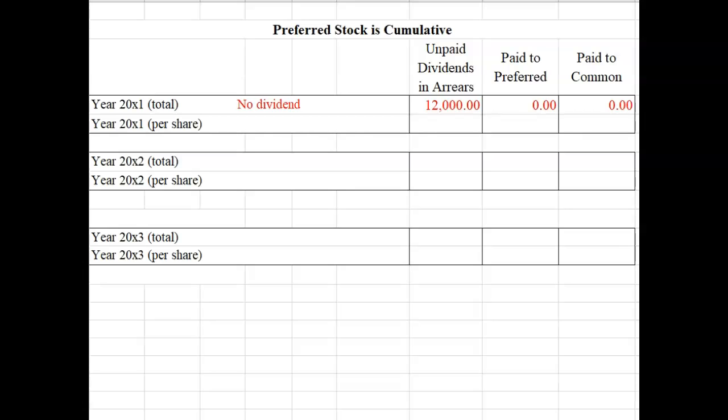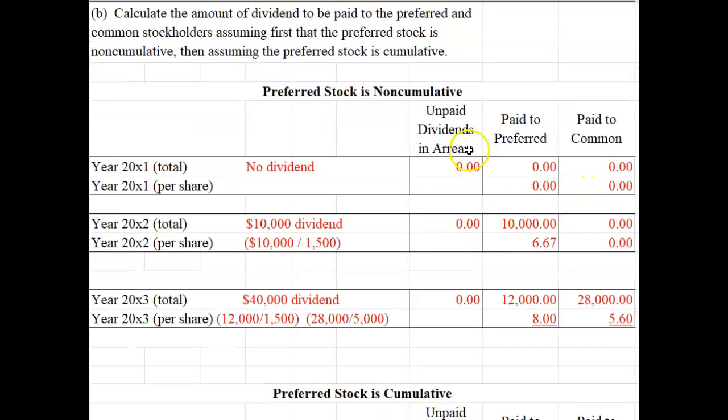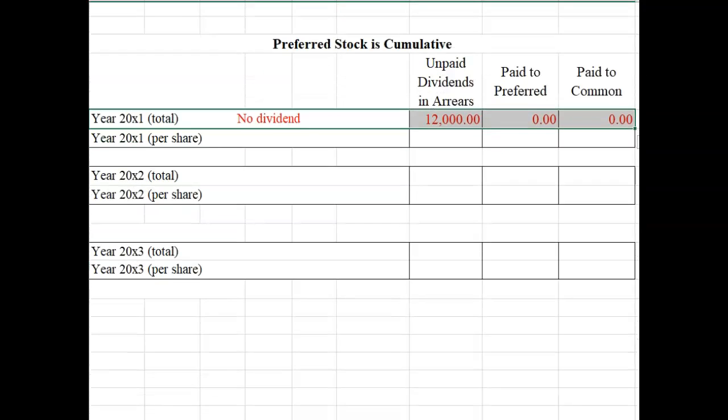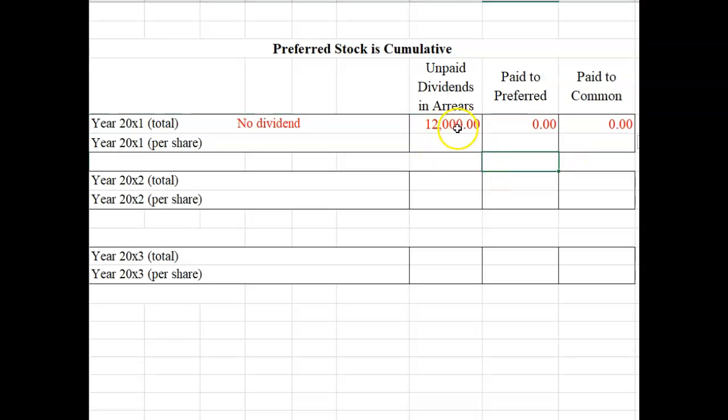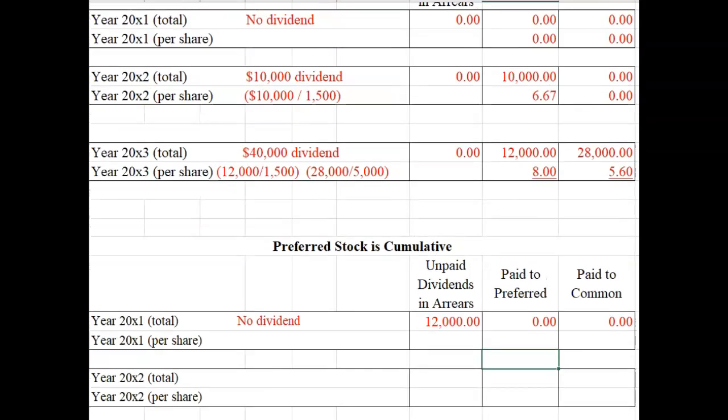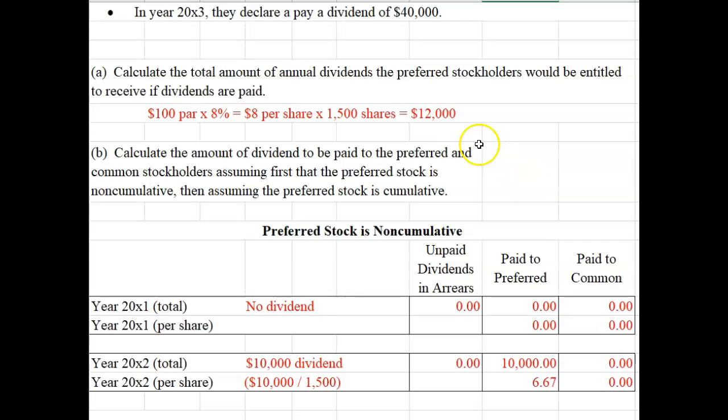But the difference between the non-cumulative preferred stock and the cumulative preferred stock is that in future years, if dividends are declared and paid, the preferred shareholders are entitled to receive that $12,000 that they missed out on in year one. Under non-cumulative, they either get it or they don't. They never get to make up.